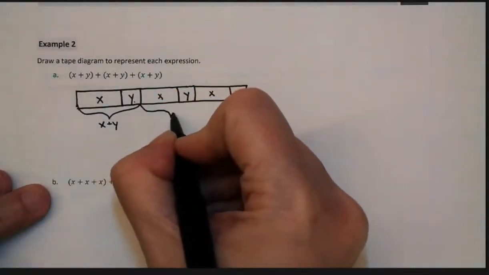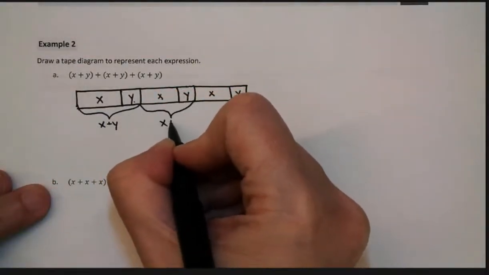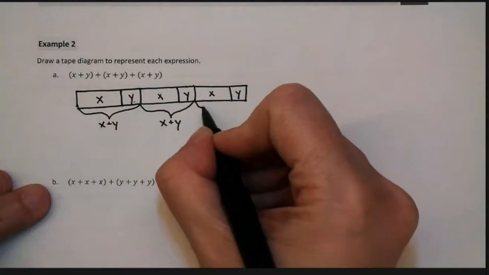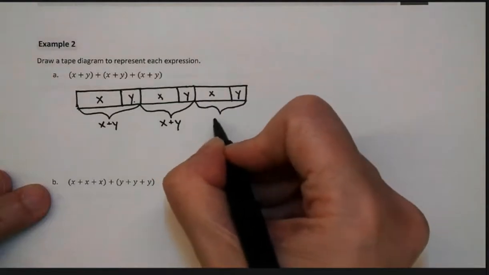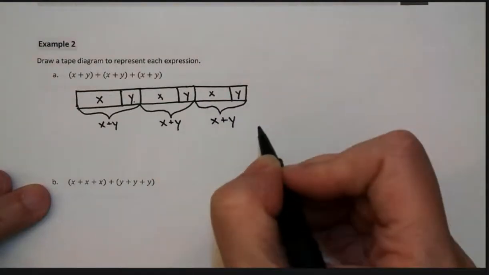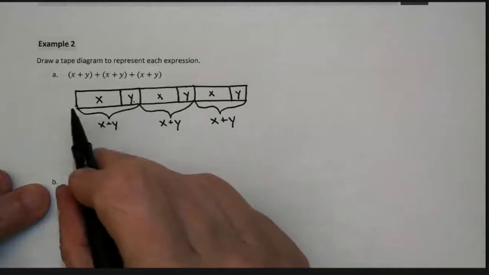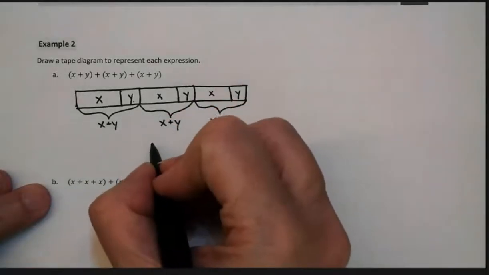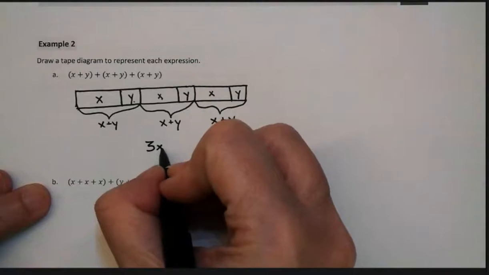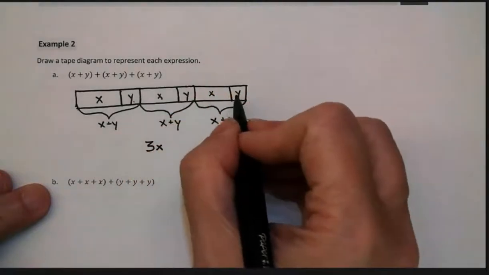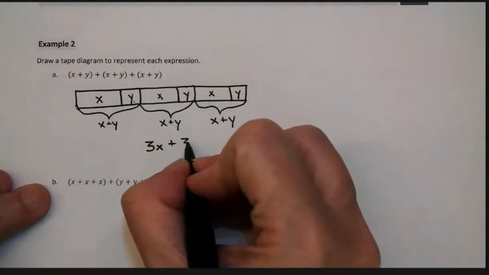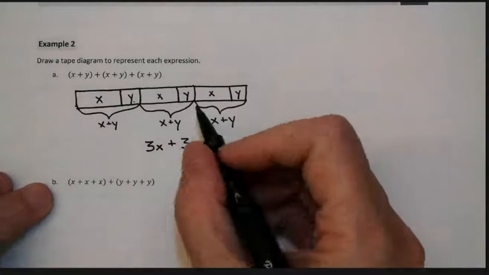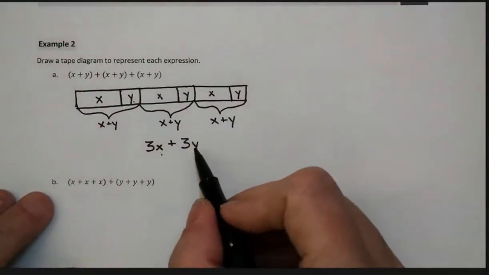This is x plus y. And this is x plus y. And total, when I added all those up, I ended up with 1, 2, 3 x's. And I have 1, 2, 3 y's. So I could rewrite this as 3 x's plus 3 y's.